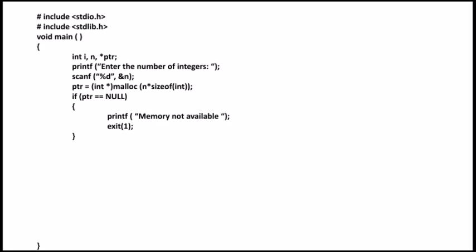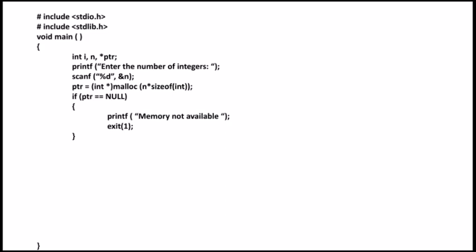So first we have to check whether memory is allocated or not. If memory is allocated, then we can use it. So we check whether ptr is null or not. If ptr is null, that means memory is not available or memory is not allocated.